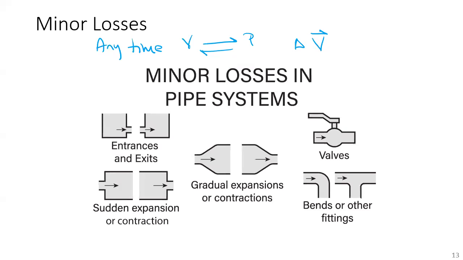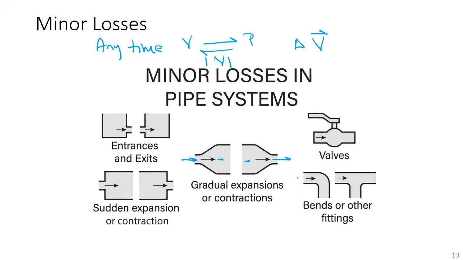So one way to change the velocity vector is by converting velocity to pressure back and forth. That happens in an expansion, for example. So in an expansion, you're going from a really large velocity to a small velocity. And in a contraction, you're going from a small velocity to a large velocity. So that would be changing the magnitude.